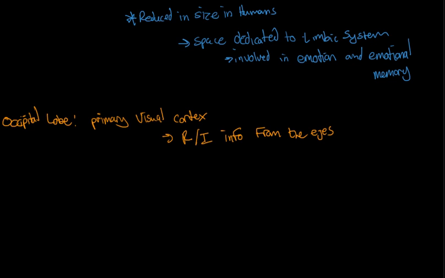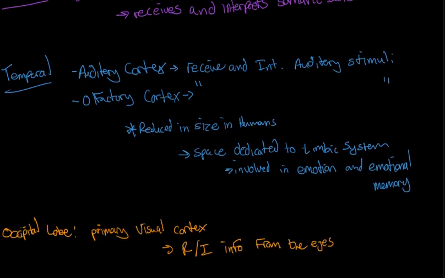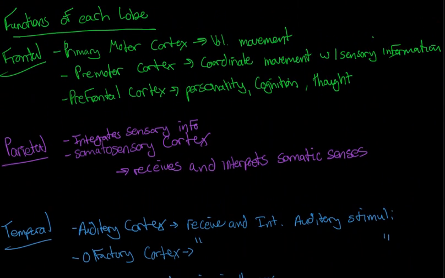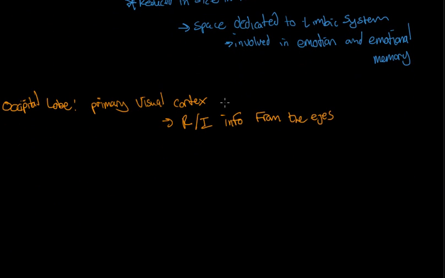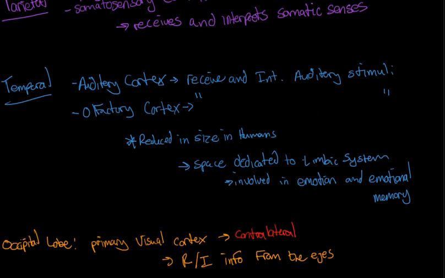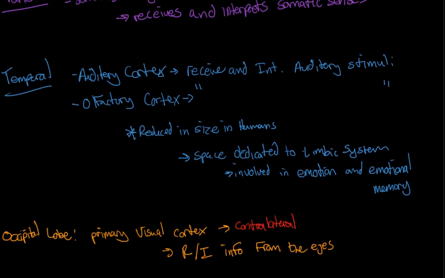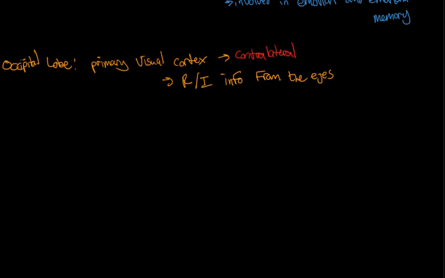All these cortices that I've mentioned, the primary visual cortex, somatosensory cortex, primary motor cortex, are all contralateral. Contralateral means that the regions on the right side are associated with the senses or the actions on the left side. Forgot to mention that earlier.